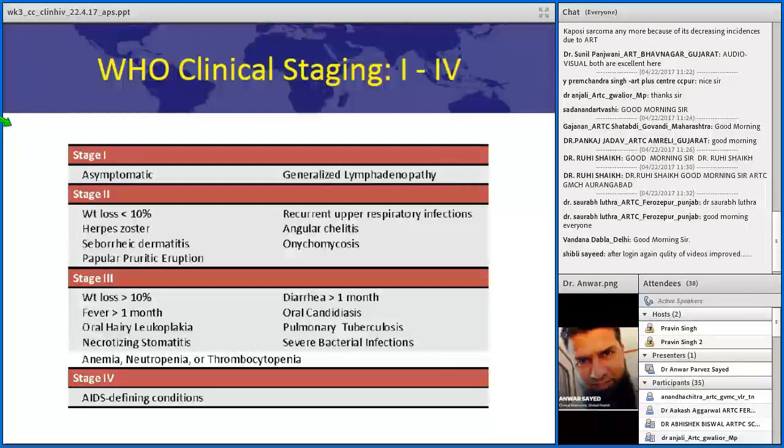This is just a revision for all of us. Herpes zoster, again seborrheic dermatitis, papular pruritic eruptions, some upper respiratory tract infections, angular cheilitis, onychomycosis. Then stage 3, weight loss more than 10%, fever more than 1 month, diarrhea more than 1 month, oral candidiasis, oral hairy leukoplakia, pulmonary tuberculosis, and some serious bacterial infections can be under stage 3.